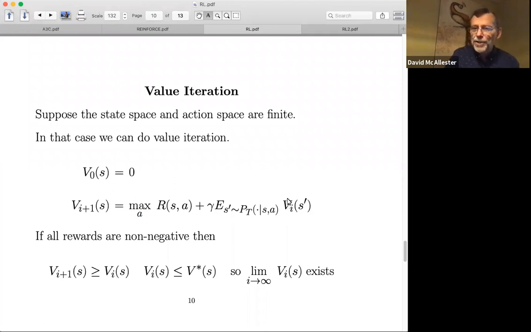So if we initialize this to 0, if the future state is always 0, then the next value function will just maximize your immediate greedy reward. And if I assume that all rewards are non-negative, which I can do without loss of generality, I can always just take every reward and shift the reward range so that they're all non-negative.